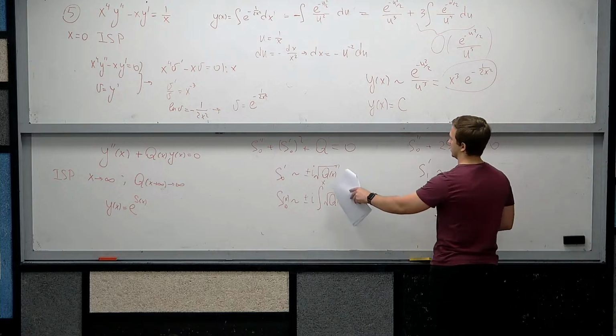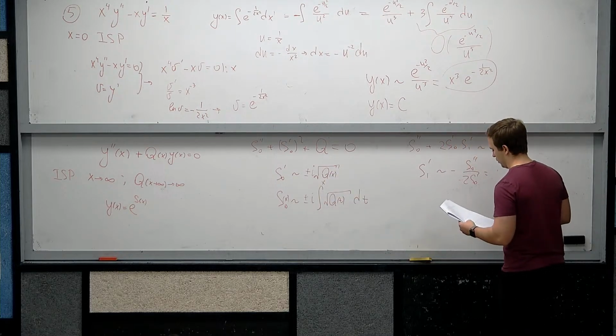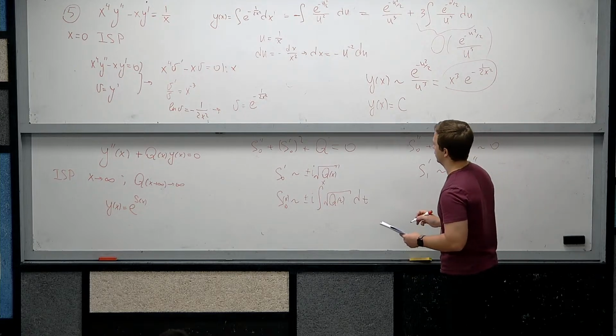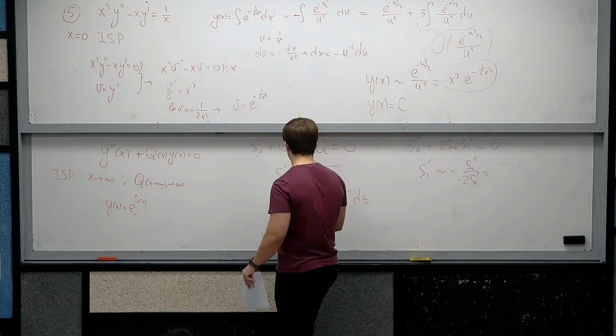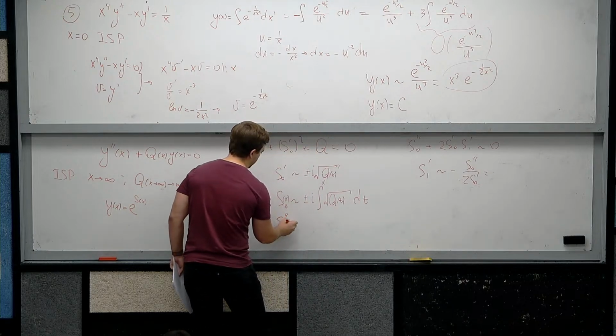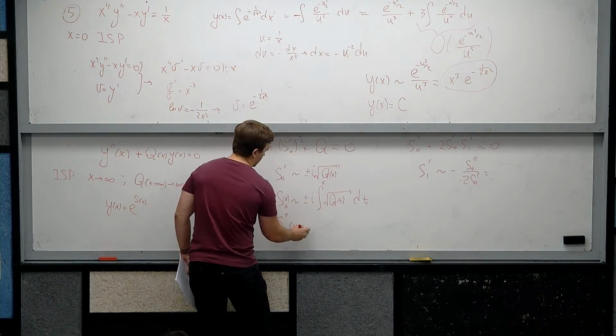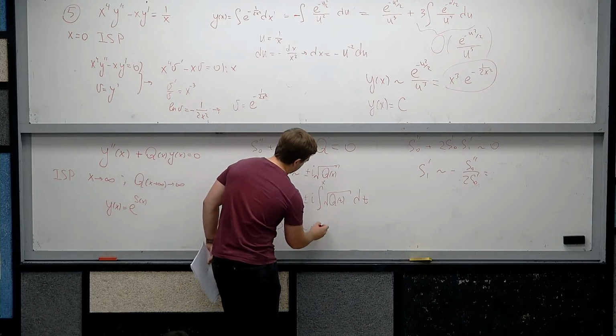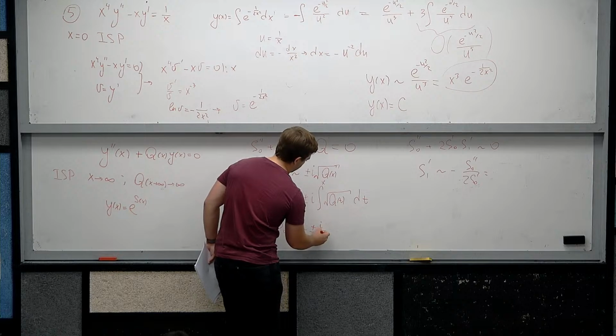We know that s naught prime is this. We plug this into this, and we also need to calculate s naught double prime. So it's plus minus i over 2.